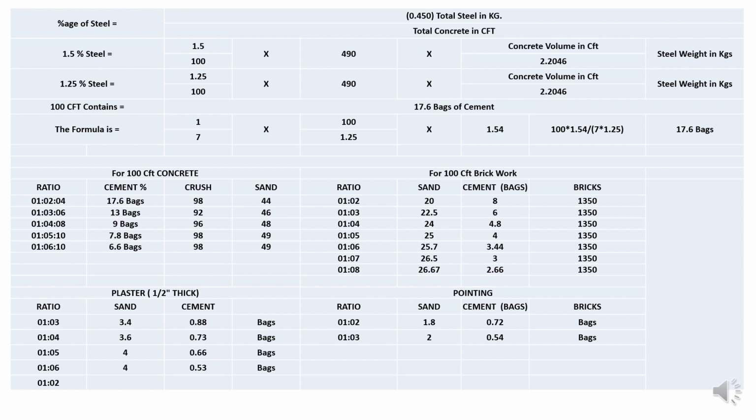Okay. If we want brickwork, 20 CFT sand, 8 bags required, 1:3, 22.5 bags, 6, this is the ratio. Pointing, 1:8, cement bags will require 0.72, okay, 1:2 will cover 0.54 bags.